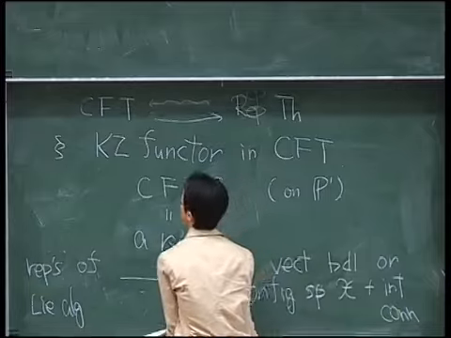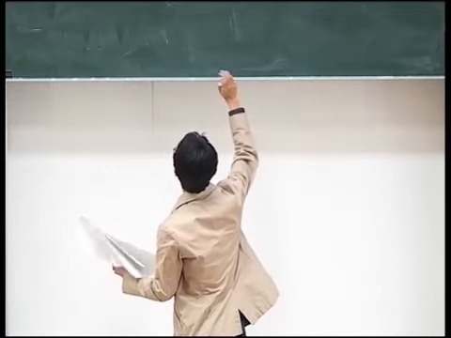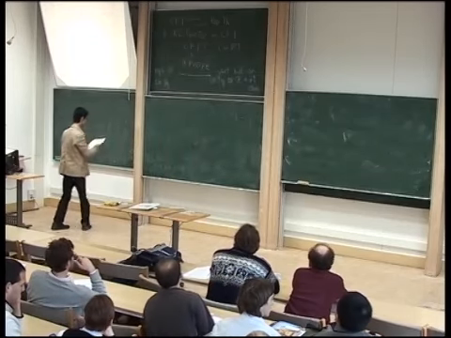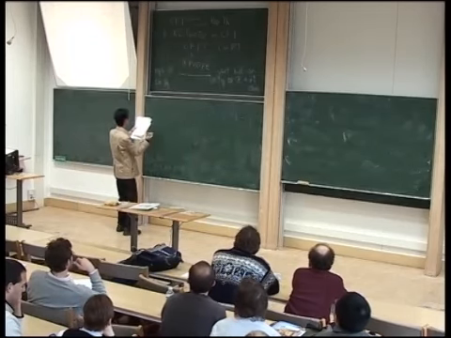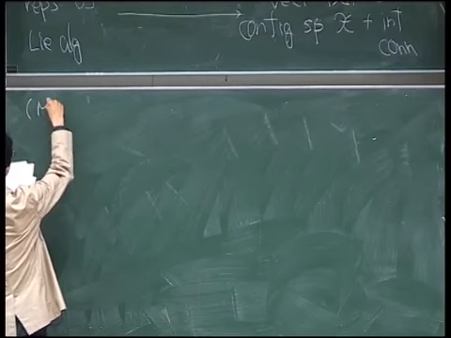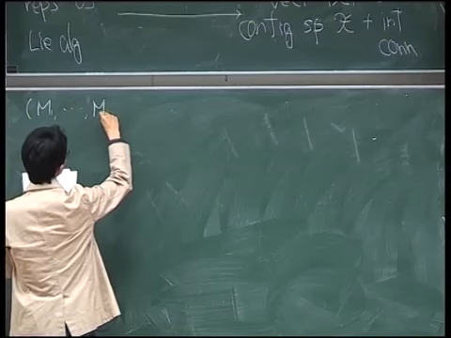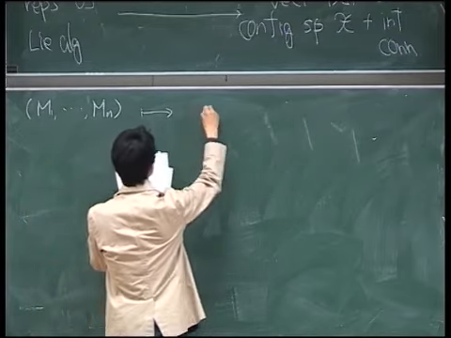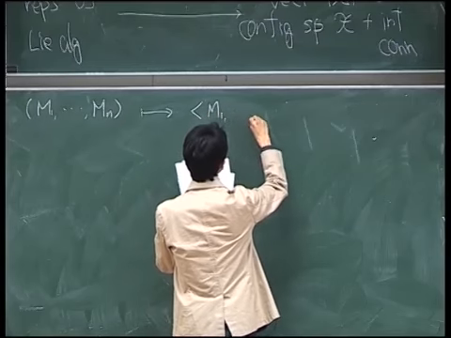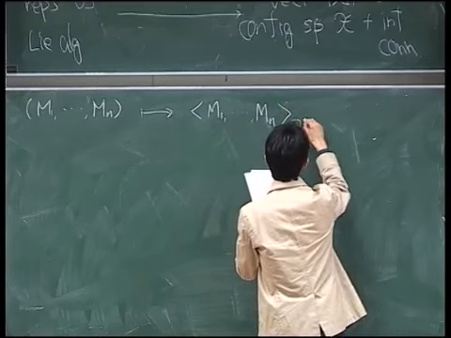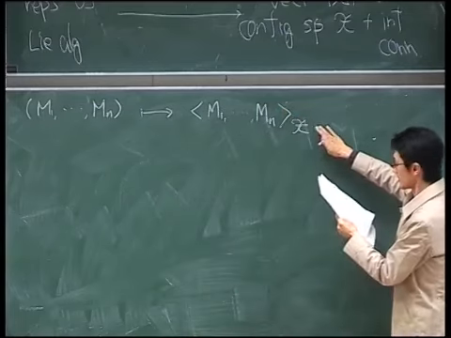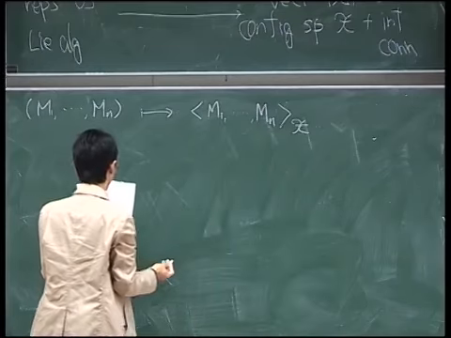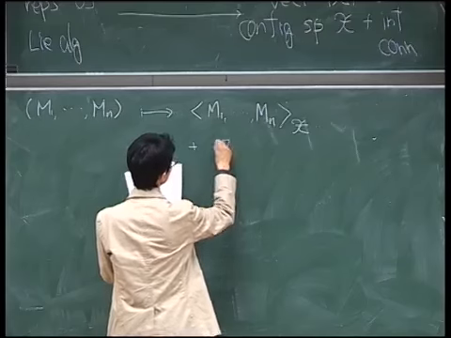So then you have several modules of an affine Lie algebra, and then one gets a vector bundle on the configuration space, which I specify explicitly, plus some connection.